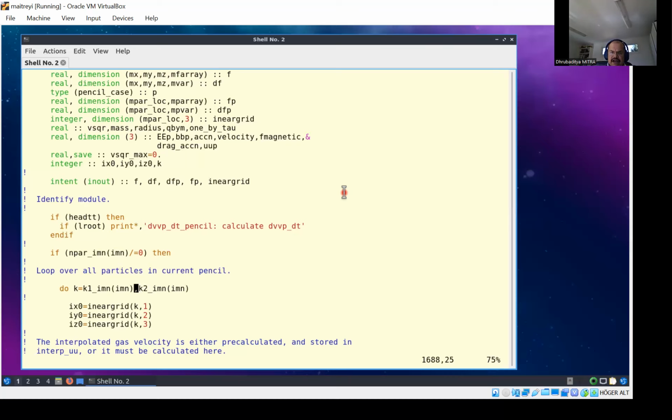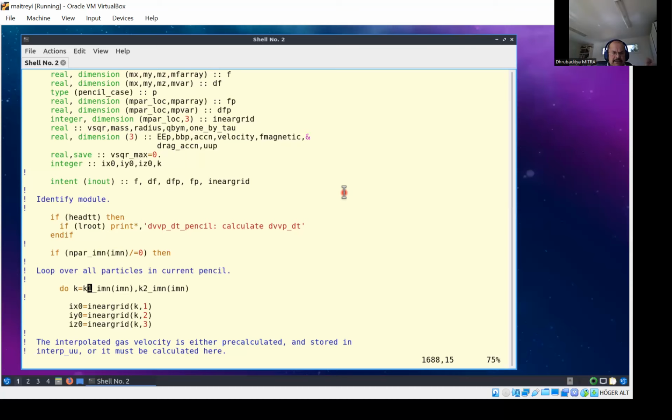Otherwise, I would need to have a list of tags, and this number would be different for different pencils, right? So it would be quite a strange array to keep track of.